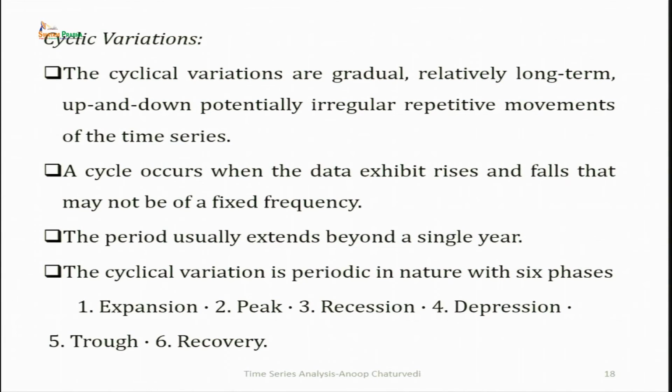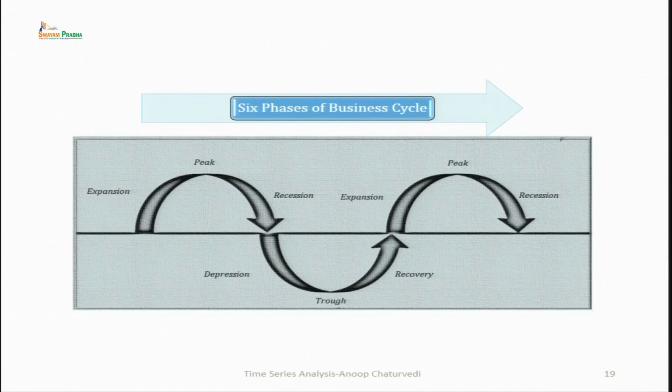Then cyclical variations are periodic in nature with 6 phases. Those 6 phases are expansion, peak, recession, depression, trough, and recovery.